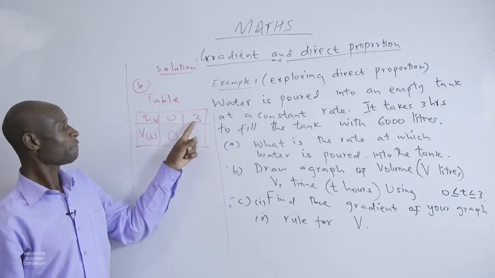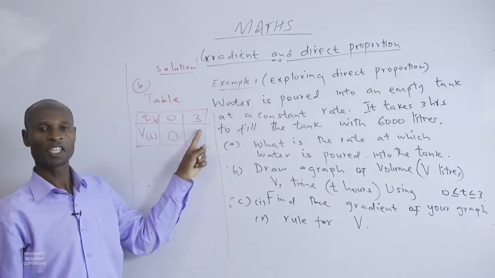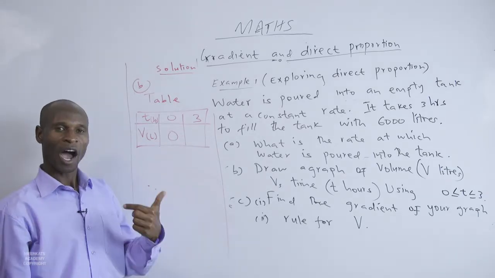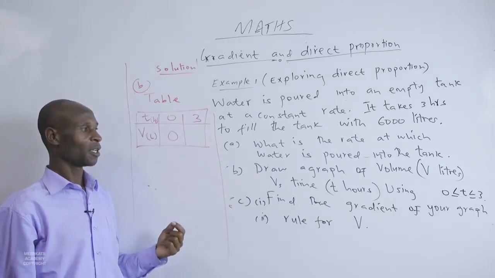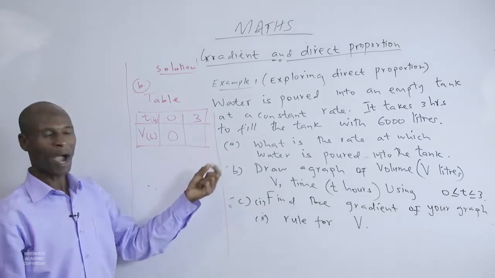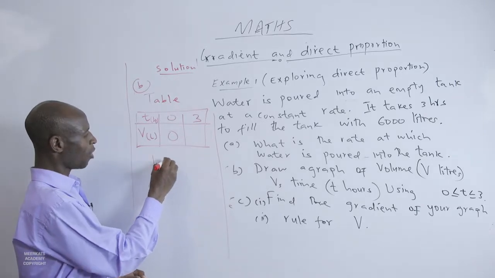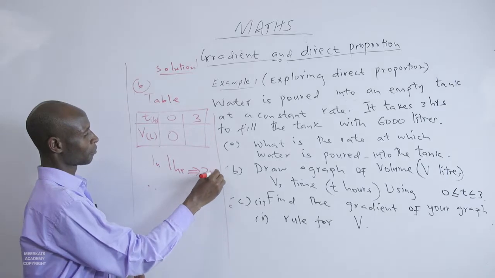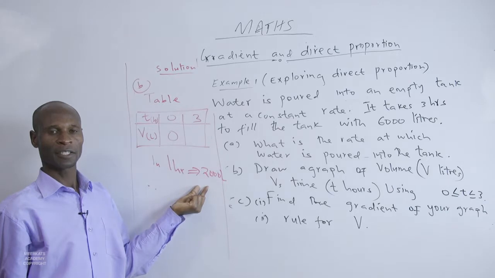Next, we find the volume of water inside the tank when the value of T is 3 hours. That means after 3 hours, how much in terms of liters, how much volume of water will be inside that particular tank? So we go back to our rate in part A and we said in 1 hour, we have 2,000 liters of water inside the tank.